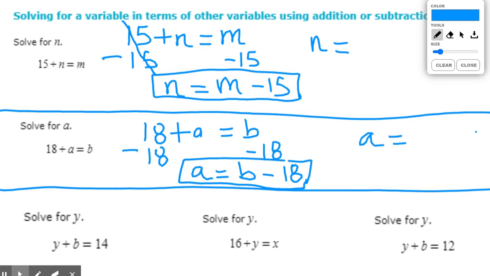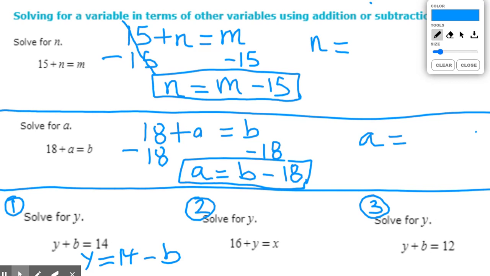So what I want to give you a chance to do now is practice. You're going to solve for y in each of these 3. So we'll call this one 1, 2, and 3. And the video is going to pause now to give you a chance to practice. Okay. When solving for y in example 1, you should have had y is equal to 14 minus b.